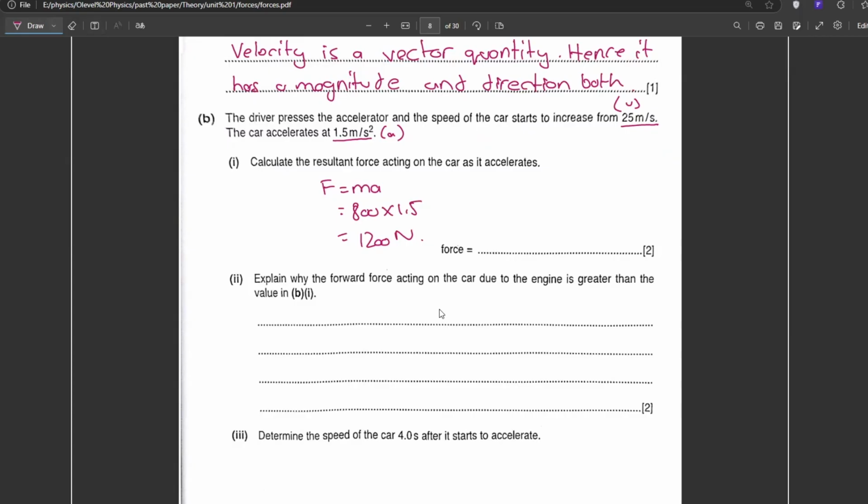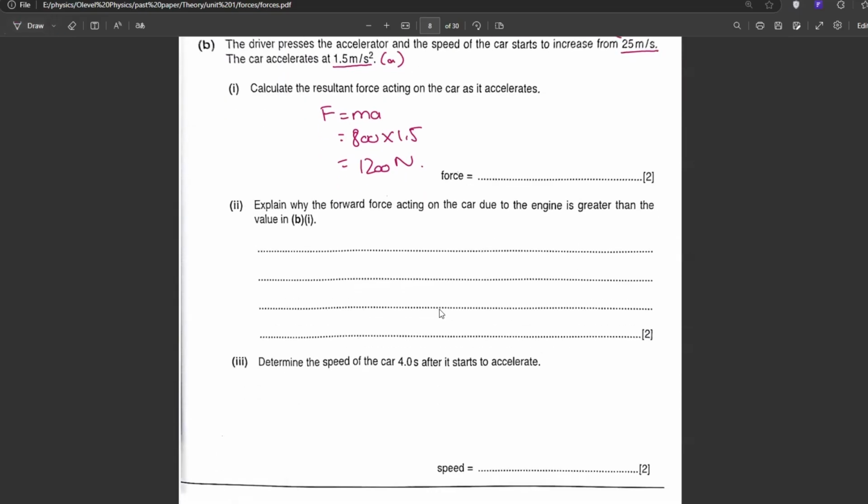Explain why the forward force acting on the car due to the engine is greater than the value calculated in B1. Why is the forward force much greater than the resultant force that we have calculated here?